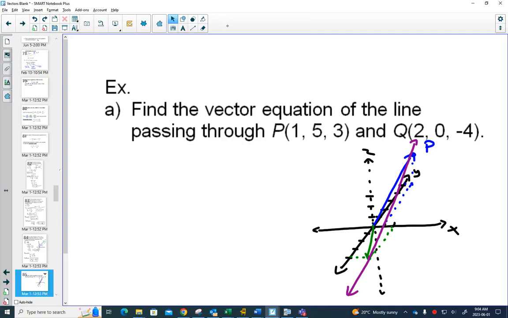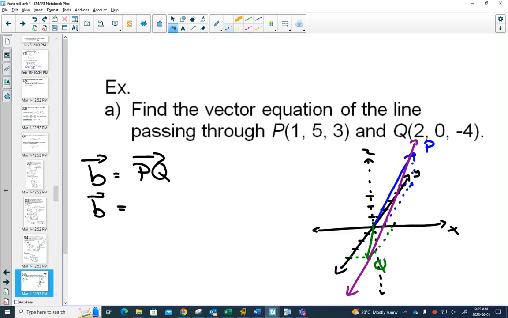But we want to find any point on that purple line. So what do we need? We need a direction vector. And our direction vector will be, I should label q here. Our direction vector is, well, if you go from P to Q, that's the right direction. Now, how do I get from P to Q?